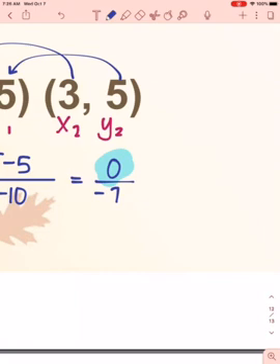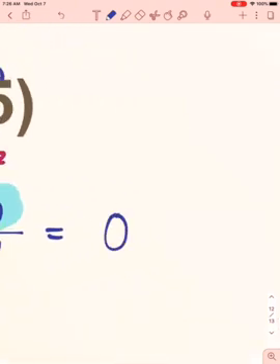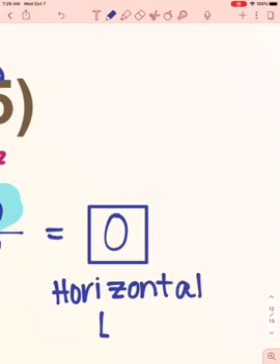I have a 0 in my slope, okay? When there's a 0 in the slope, it's the only time you're not writing your slope as a fraction, okay? Because when there's a 0, it's either 0 or undefined. 0 on top is a slope of 0 because that would be a horizontal line, okay? Horizontal line.